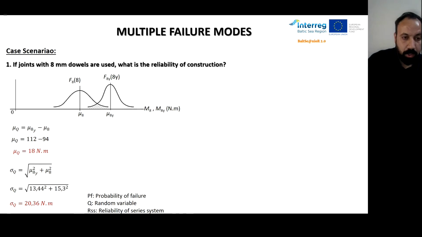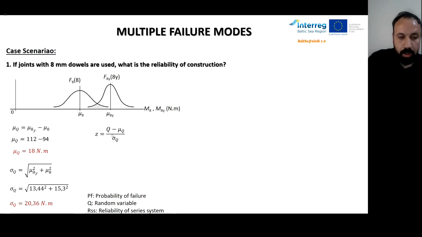After that, I need to do a z-test. I need to get the z-score to determine the failure probability. For this z-test, we are using this equation: Q minus mu Q divided by sigma Q. Q is 0 because I am just checking if I take a value at that point where mu8 is the same as mu8y, so there is not any difference between them.